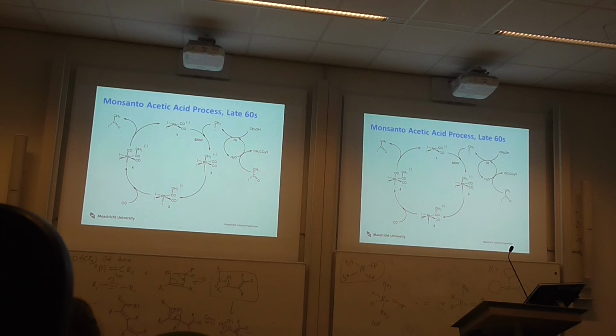And then what happens in this last step? Correct, reductive elimination. We eliminate the COCH3I, and we are left with that species over there, back where we started. Very simple. Now, that's basically the cycle.